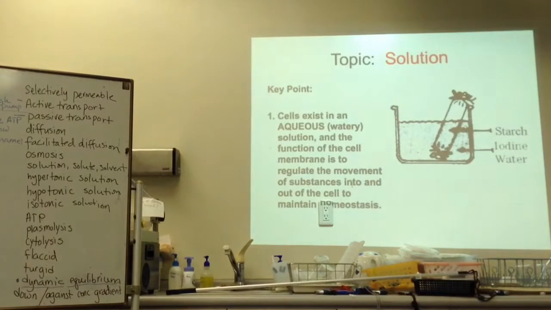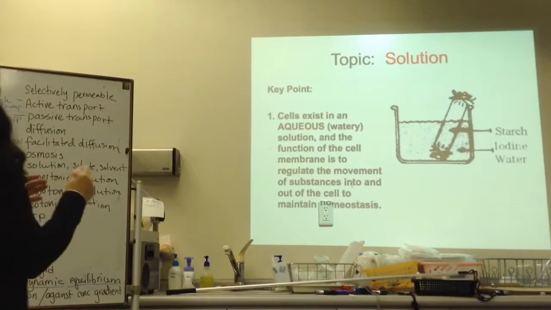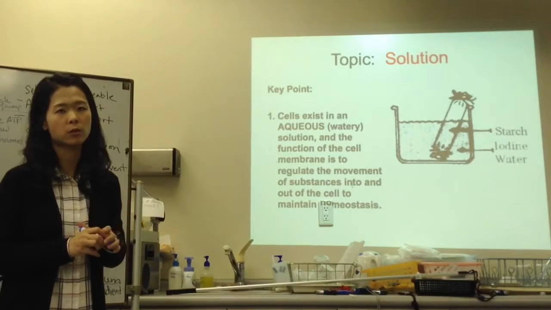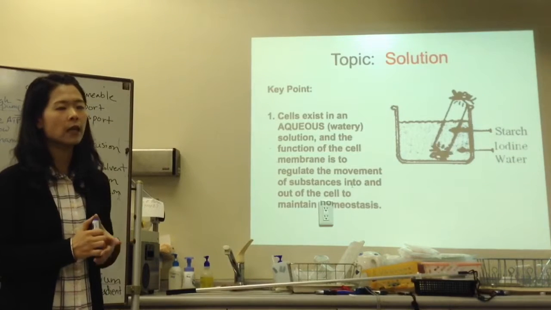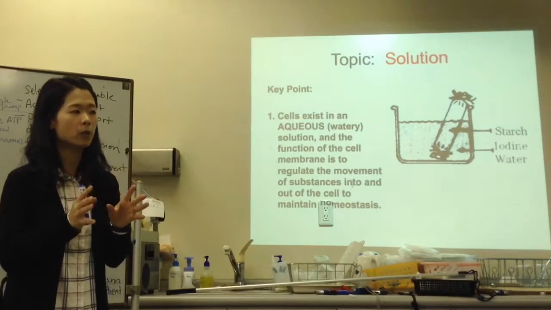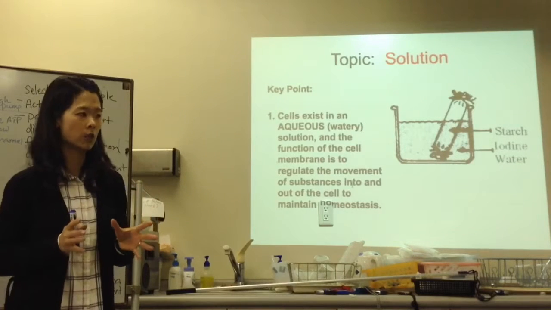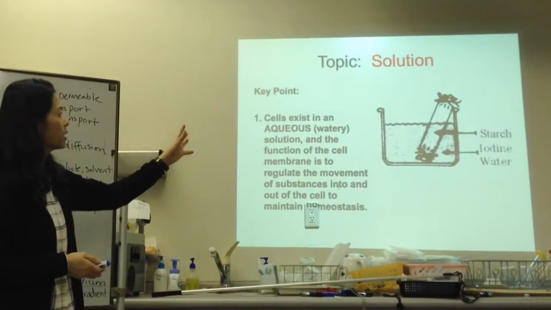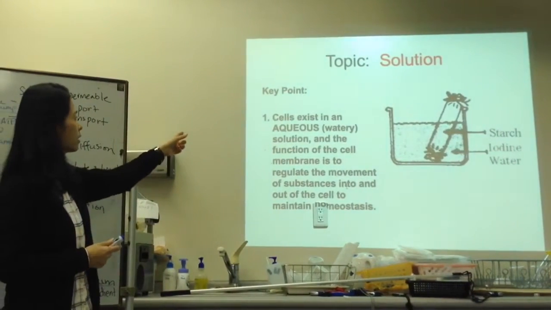Before we talk about active transport, we have a few more things to talk about for passive transport. So we've mentioned that the type of solution that the cell is sitting in is very important because cells respond to their surroundings.